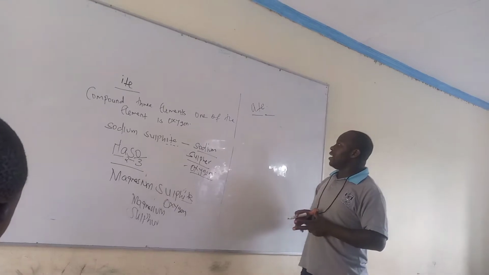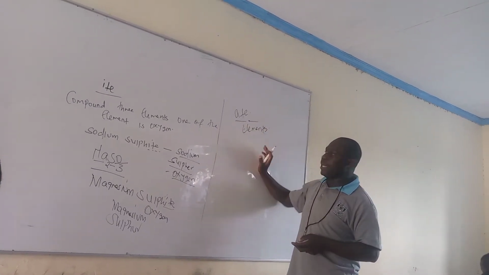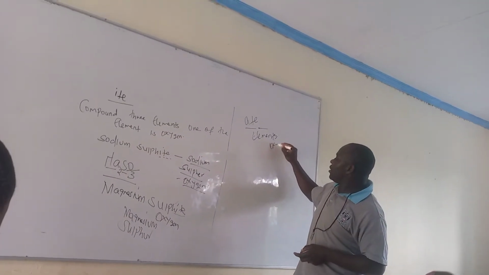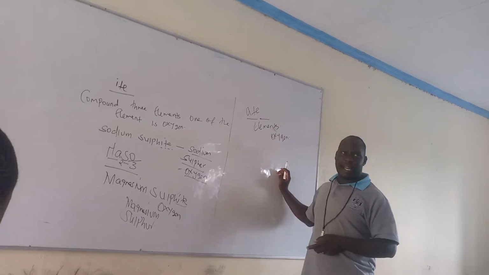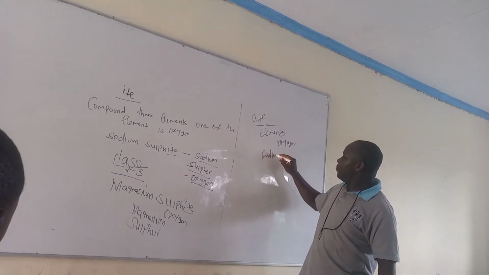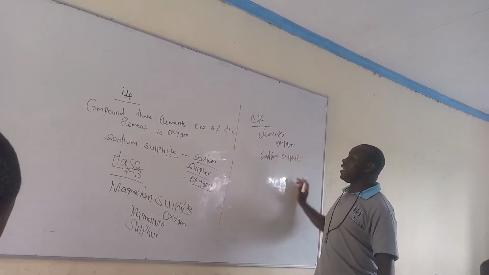We have other compounds that end with ATE. This simply means they constitute three elements, and one of the elements is oxygen. An example I can give is sodium sulfate. It ends with ATE.